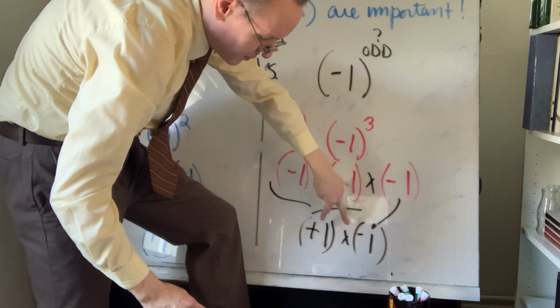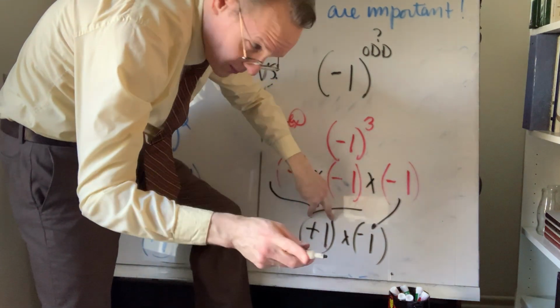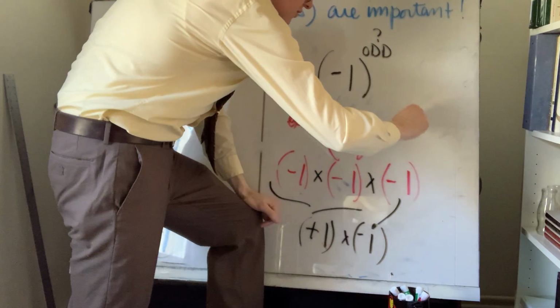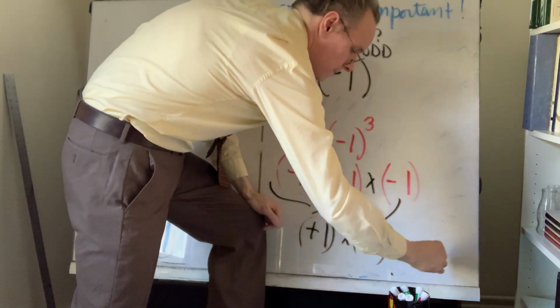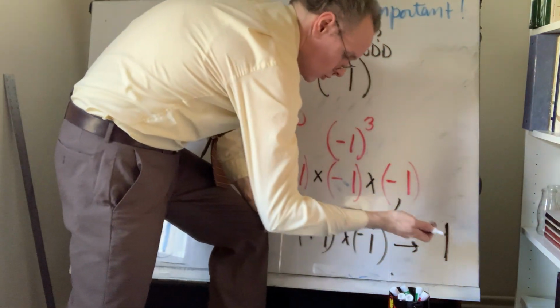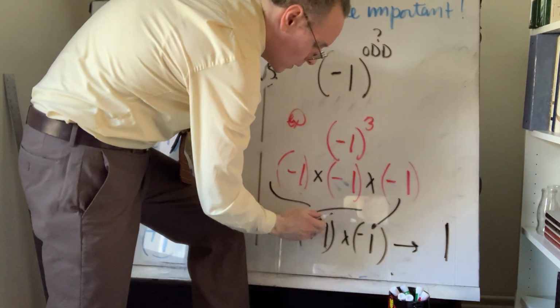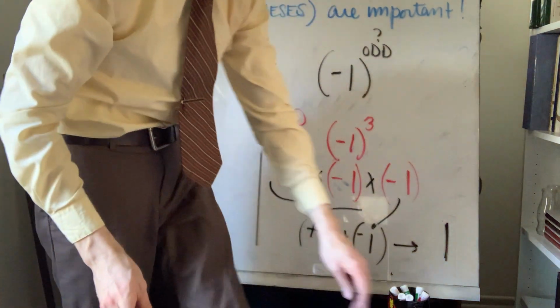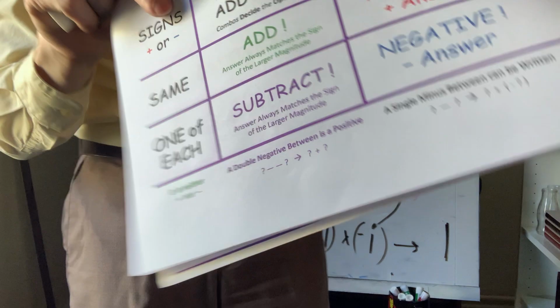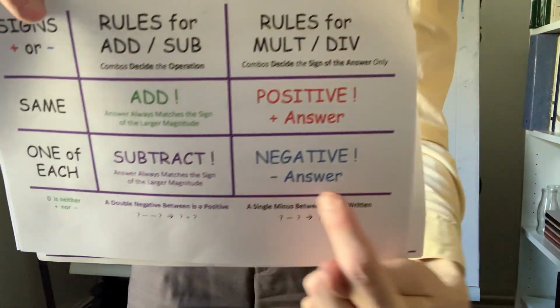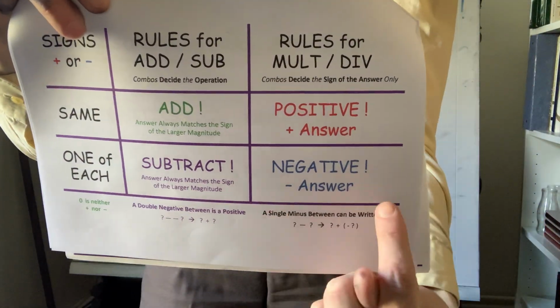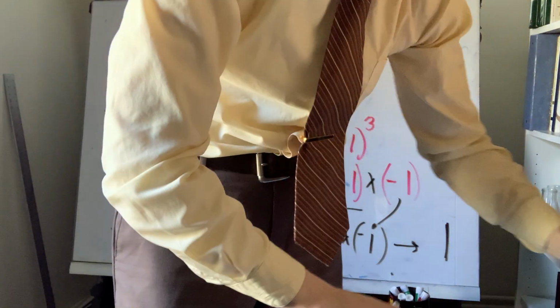-1 times +1, one of each sign, means that this is going to be still 1 for the digit magnitude. But when it comes to one of each sign, when you multiply or divide, it is a negative answer.